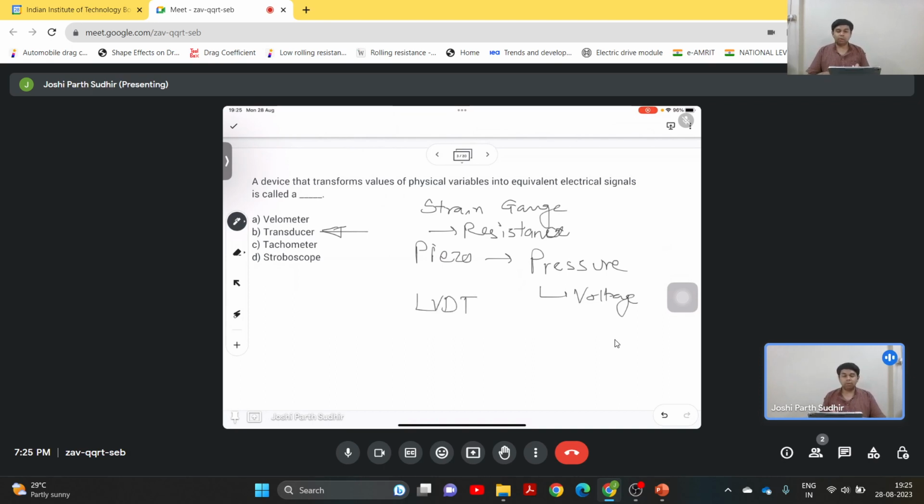Then we also have a capacitive transducer, where the capacitance of the surface changes. Let us say we have a parallel plate capacitor, its capacitance is given by epsilon A by d.